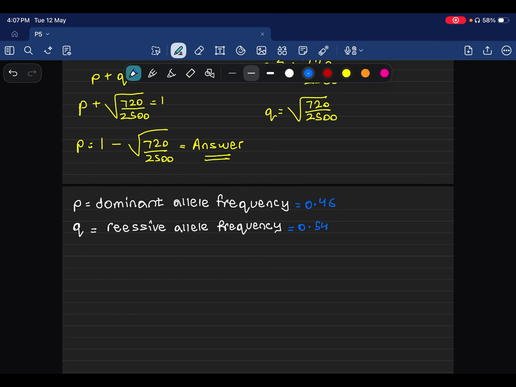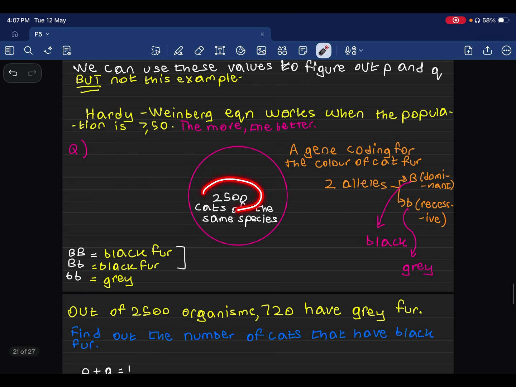So again, just like we talked about, you can also express this as a percentage. You can say in your total population, you have 46% dominant alleles and 54% recessive alleles. What does this mean? Let's say you write down all of the alleles combined, out of these 2500 cats. You write down every single allele in every single cat. So let's say one cat is capital B, capital B, another is capital B, small b, another cat is small b, small b.